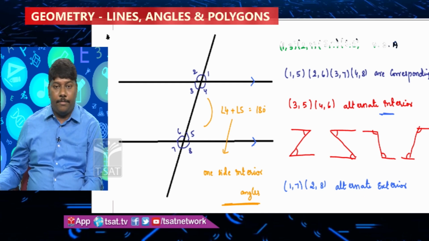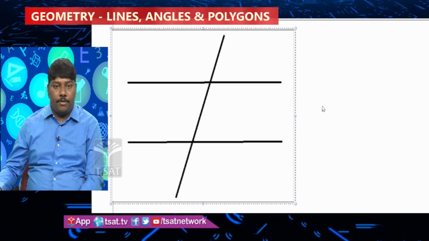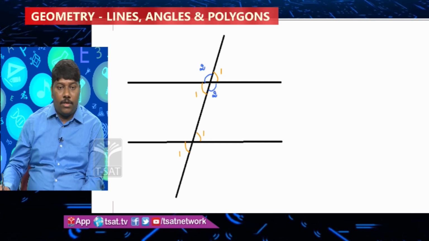If you look here carefully, we are just taking totally 8 angles. But in fact, if you look closely, angle 1, vertically opposite angle, angle 1, the corresponding angle, angle 1. Again here angle 1. Take the rest of the angles. If I take this as angle 2, vertically opposite angle 2, corresponding angle 2, alternate interior angle is also 2 to this.